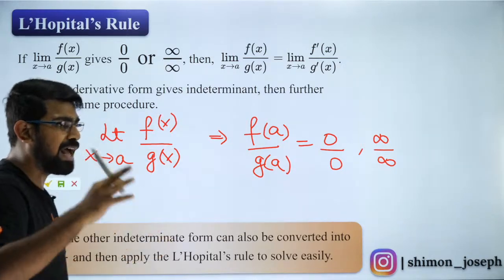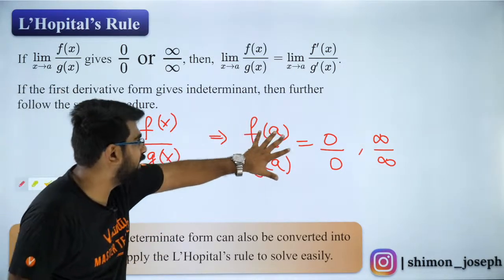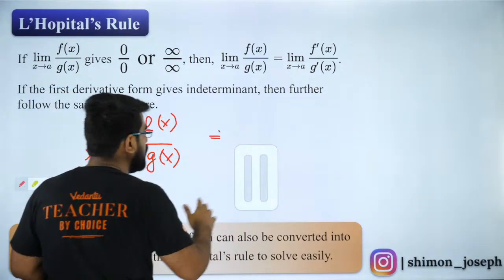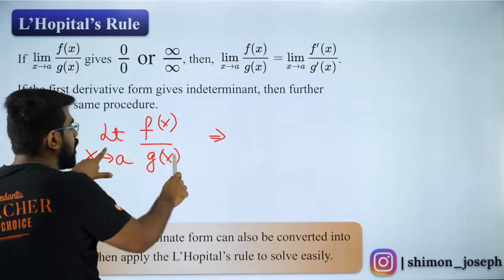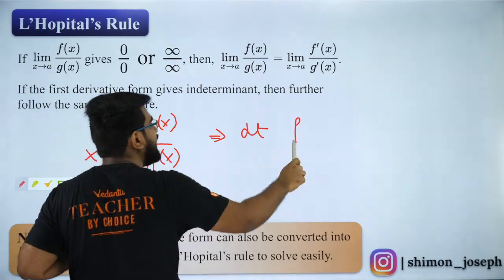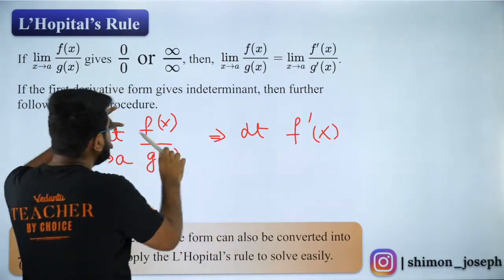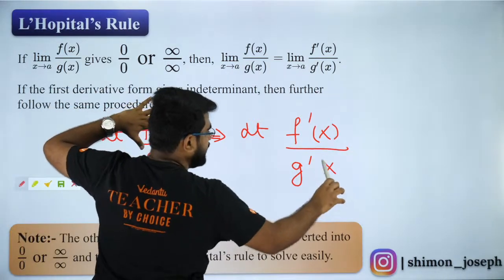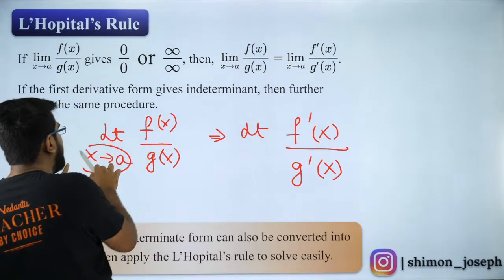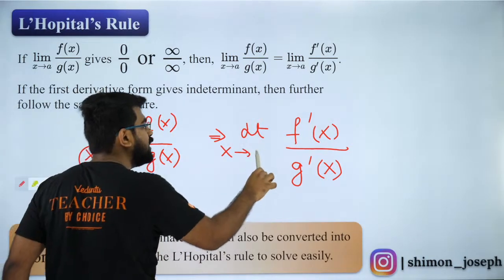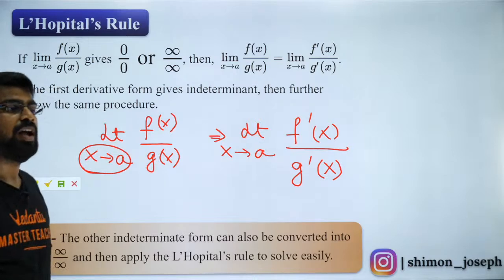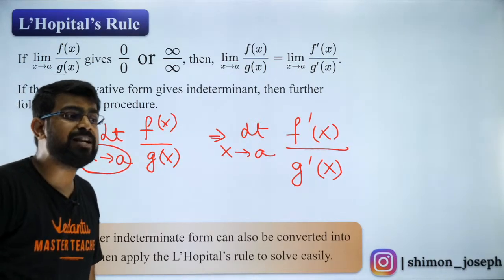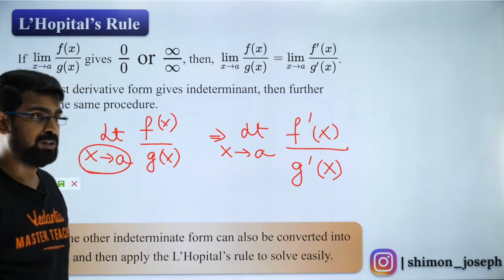So what is the L'Hopital method? If you encounter this, then this limit can be found by differentiating the numerator and differentiating the denominator, and again finding the limit at the same value.